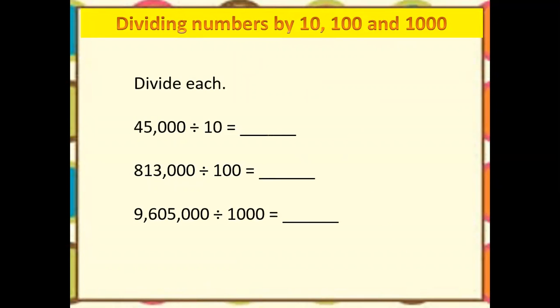We have here, when we are multiplying by 10, what do you think is the answer? Keep it in your mind, when we are multiplying a number by 10, how many zeros do we have?